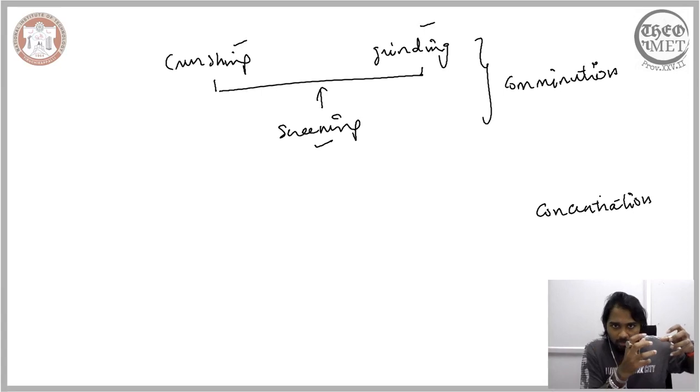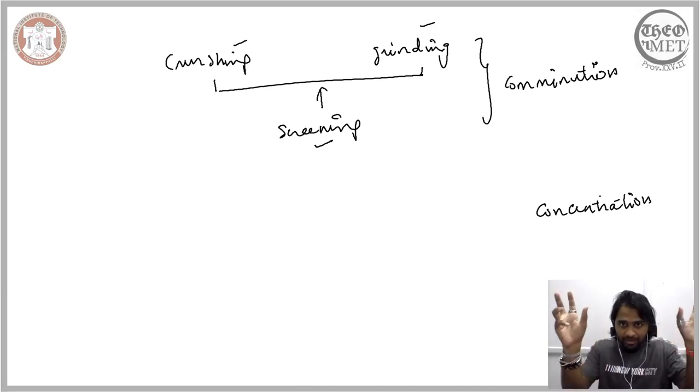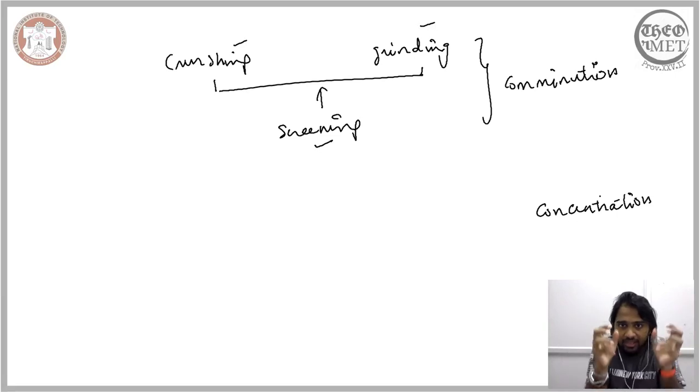During comminution, we have the screening event that in itself is quite different from the fundamental fragmentation process. Comminution has fundamental fragmentation processes, crushing and grinding. In addition to that, we have screening, which is quite different but also an integral part of comminution.